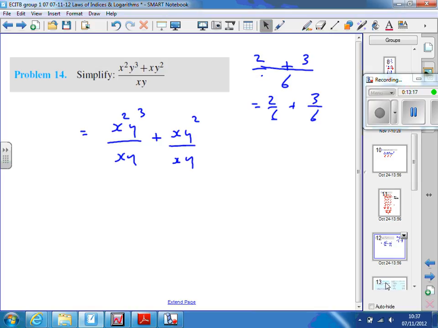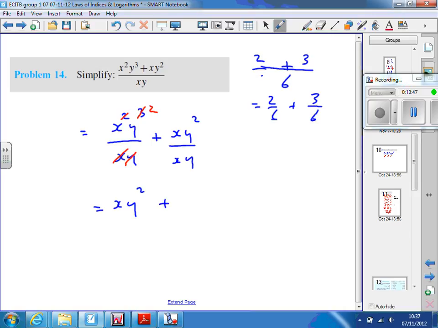If you look at this, x squared, remember, means I've got 2 x's there on top. So I've got 2 x's and 3 y's, effectively. I can cancel out x on the bottom with one of the x's on the top, so leaving just x. And I cancel out that y with one of the y's, leaving squared. So this becomes just x y squared.